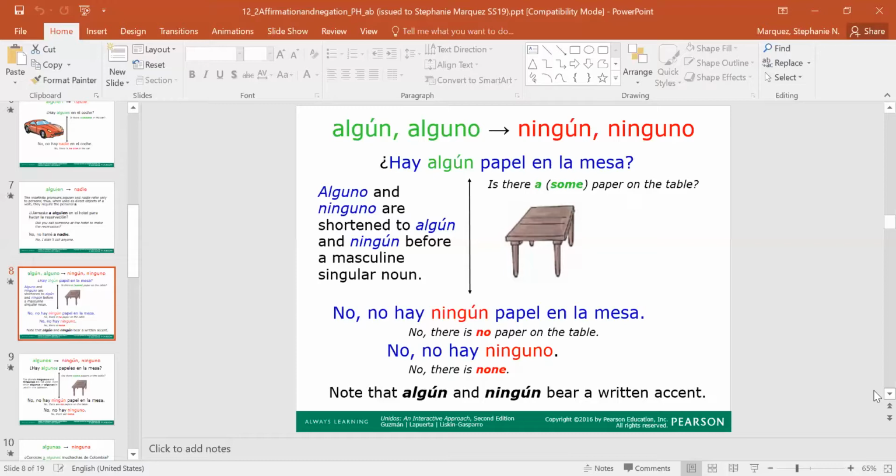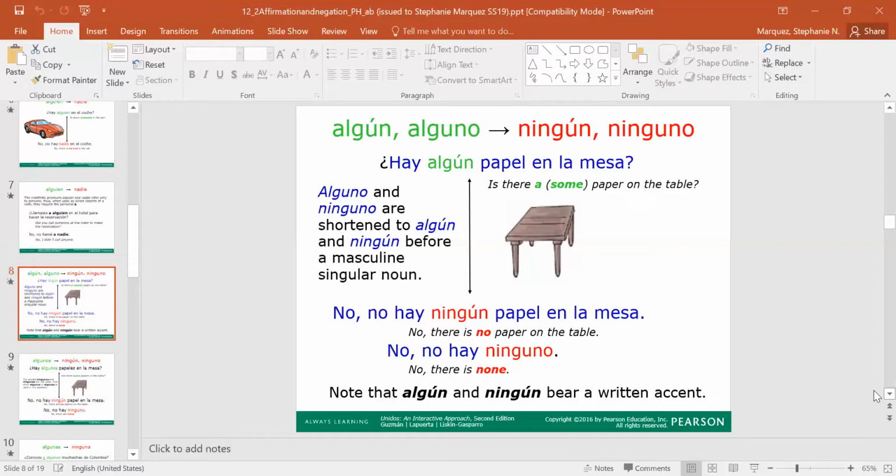Notice that in their answer, no hay ningún papel en la mesa. They've done the same thing because the word ningún precedes a masculine singular noun, papel, and so it is now spelled N-I-N-G-U with an accent, N. And you can see as I'm talking, read along, and it says, alguno and ninguno are shortened to algún and ningún before a masculine singular noun.